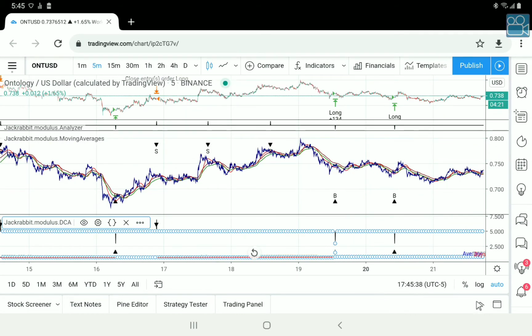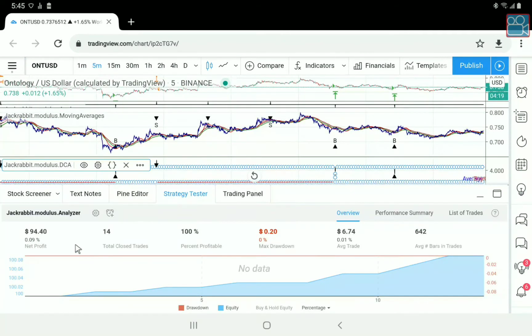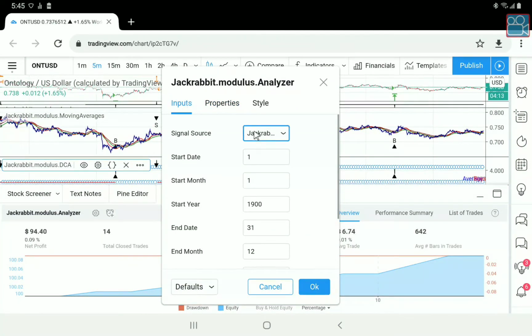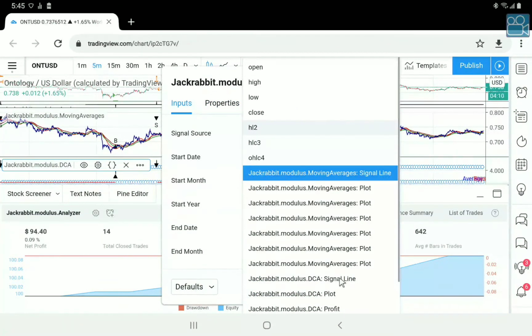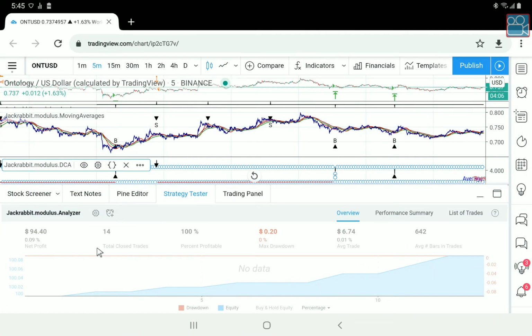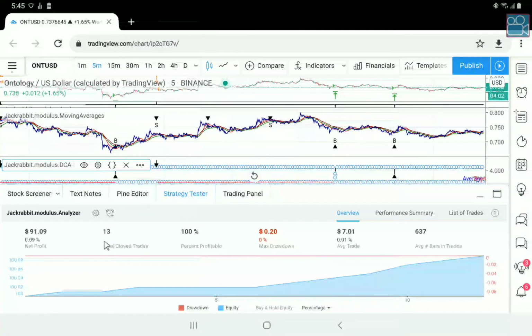Now let's raise the strategy tester and hook it to the dollar cost averaging module. $94.14, $91.13. It actually did worse, but it still gives 100% success rate.